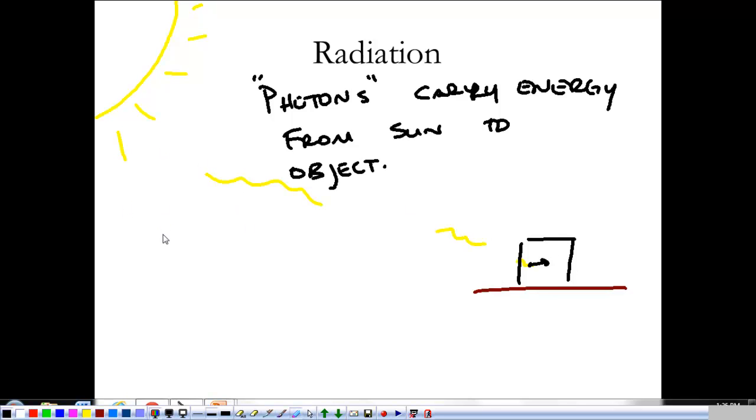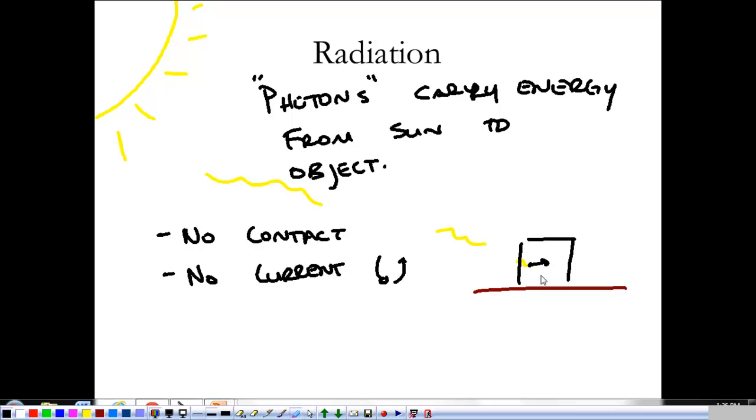Now, what's unique about radiation is that there is no contact. This is heating through light. There's no contact and there's no current. There's no hot rises, cold falls thing going on. We have light making the particles in something move faster.